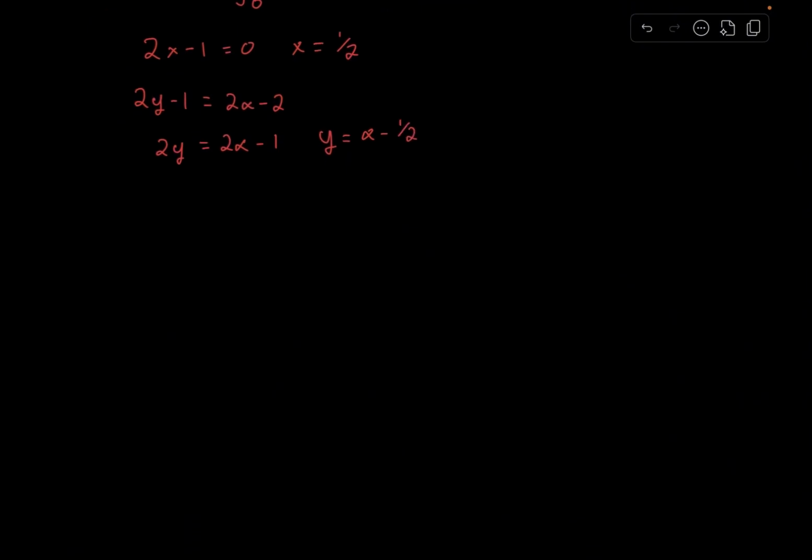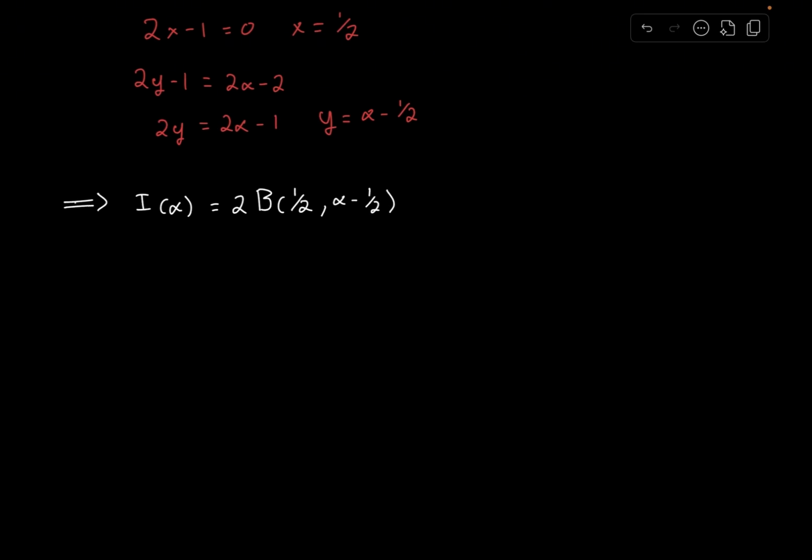So this implies that I of alpha is equal to the beta function of a half and alpha minus a half. It's literally just the beta function of a half and alpha minus a half.